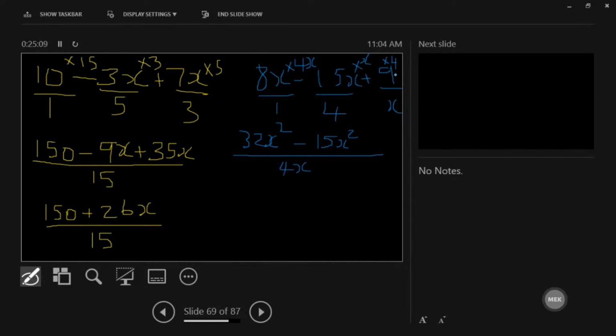So 9 times 4, that's 36. And grouping the like terms, 32x squared minus 15x squared gives 17x squared. We have a 36, which is by itself. There's no other whole number. And in the denominator, we have 4x.